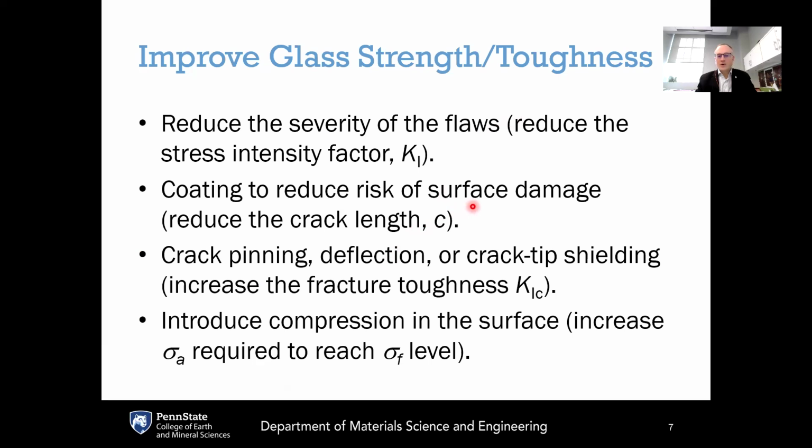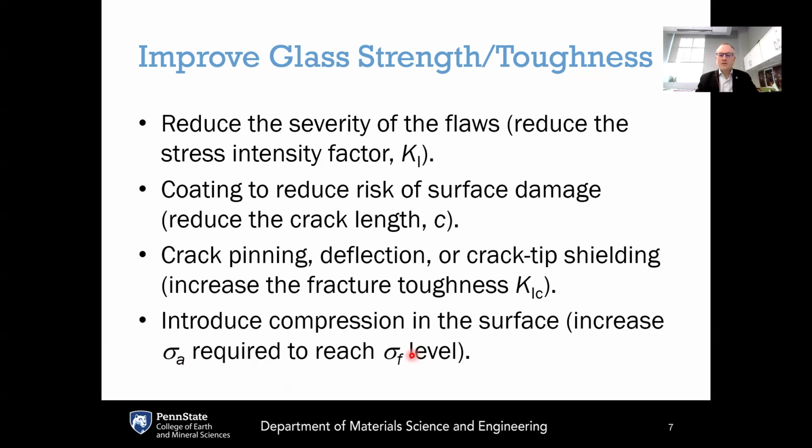That would reduce the crack length C. Another way would be to increase the fracture toughness K1C by introducing mechanisms of crack pinning, deflection, or crack tip shielding. And another way would be to introduce a compressive stress in the surface of the glass. This would increase the applied stress sigma sub A required to reach the failure level of sigma sub F.